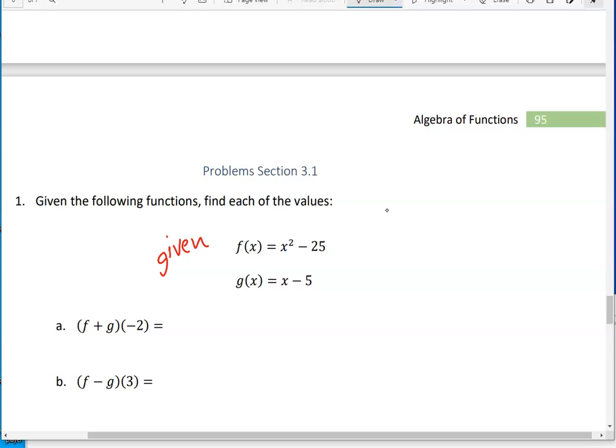And while you're thinking through it, I'll do the combo just for fun. F plus g is equal to x squared minus 25 plus x minus 5.